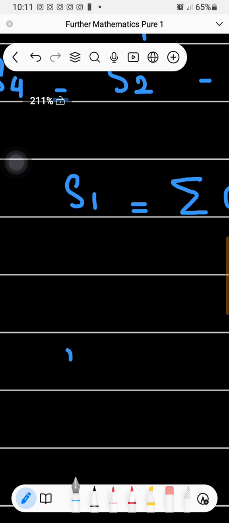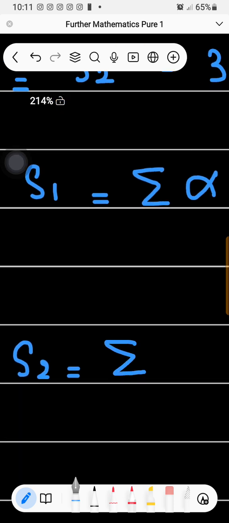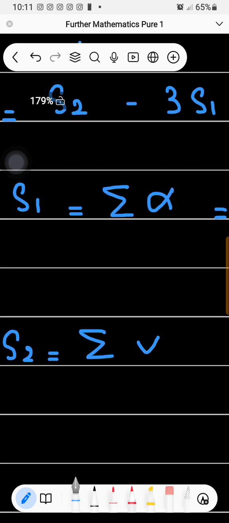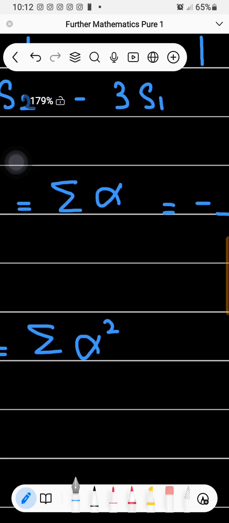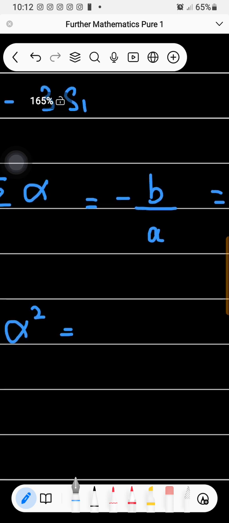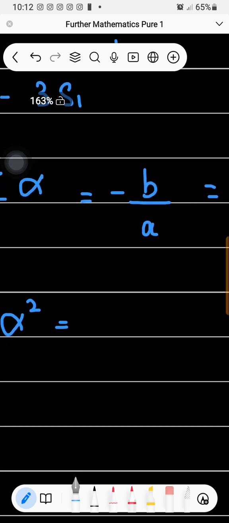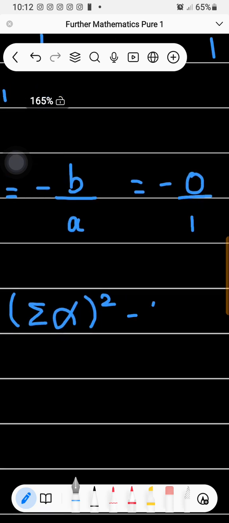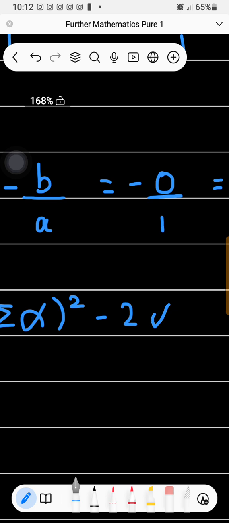Now we will find S2. S2 is sum of alpha square. Sum of alpha square is equal to bracket open, sum of alpha, bracket close, square, minus 2 alpha beta.